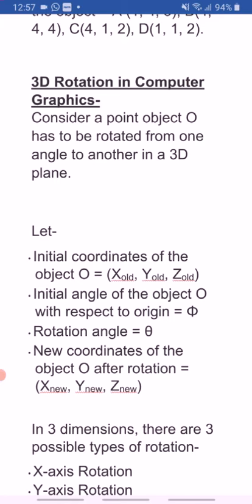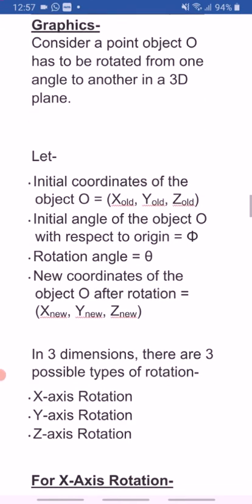So coming to the next transformation, that is 3D rotation. Rotating an object from one angle to another is called rotation. So consider a point object O has to be rotated from one angle to another in a 3D plane. Let the initial coordinates of the object be x old, y old, z old.